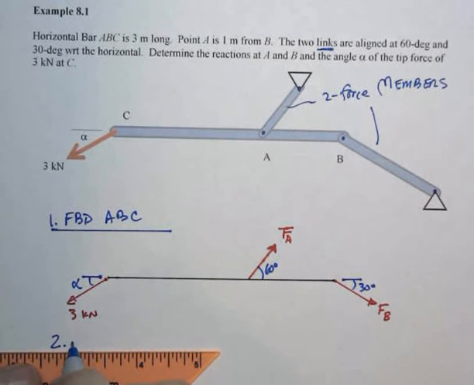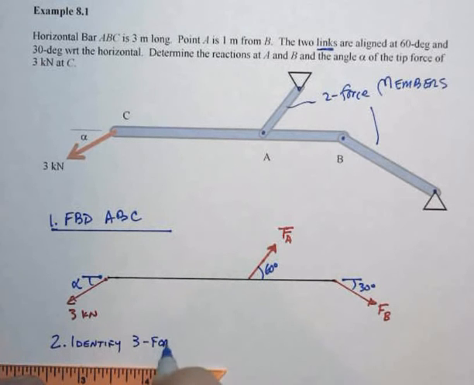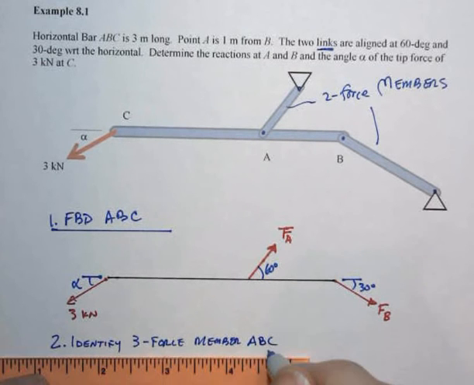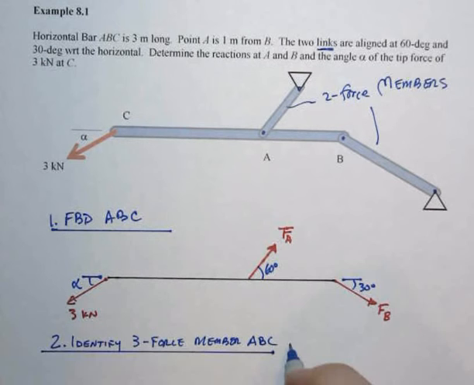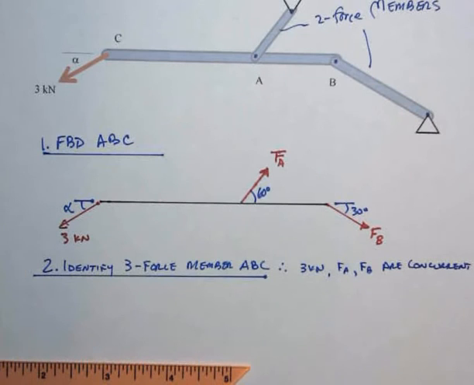So identify a 3 force member, ABC, and the implication there, as we've talked about, is that the 3 kilonewton force, F sub A and F sub B are concurrent. And that matters a great deal, because if they're concurrent, then we know a lot of interesting things.